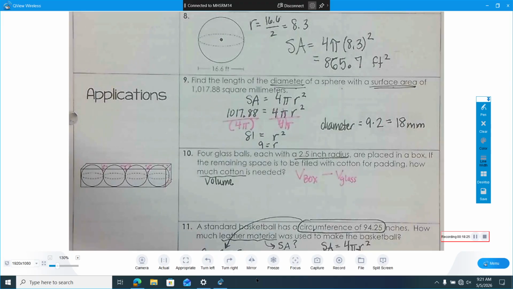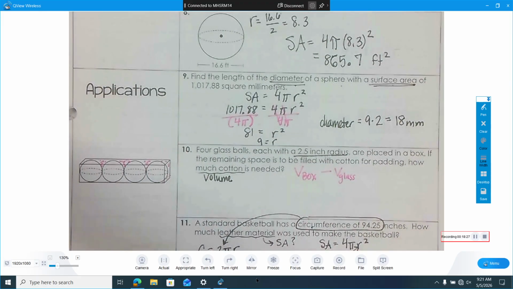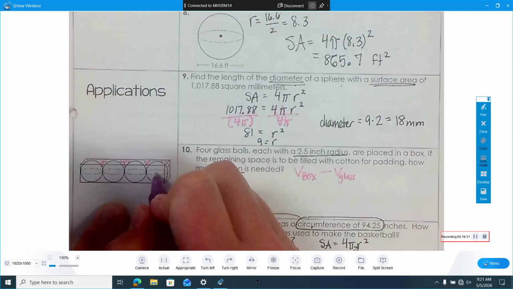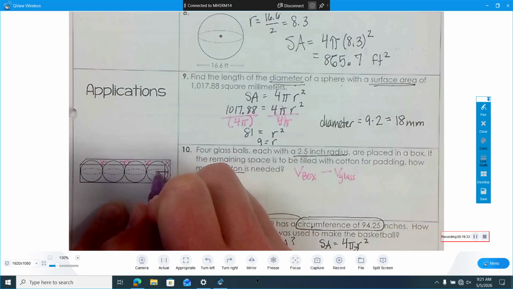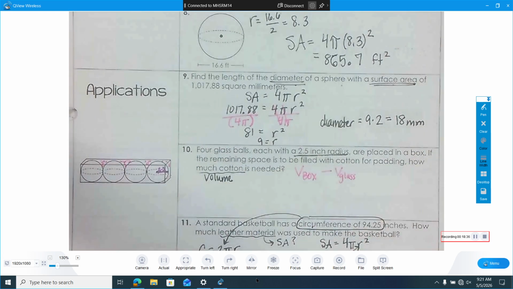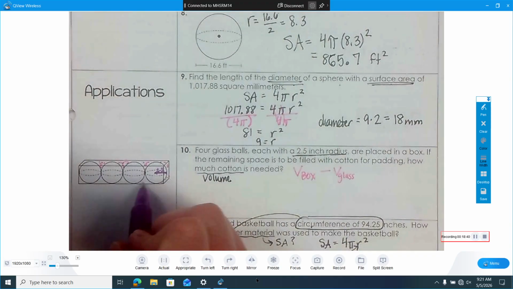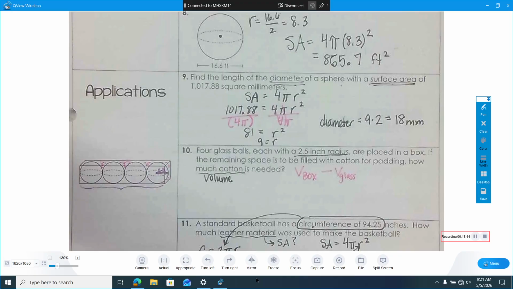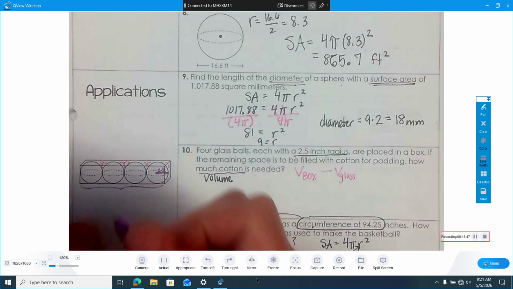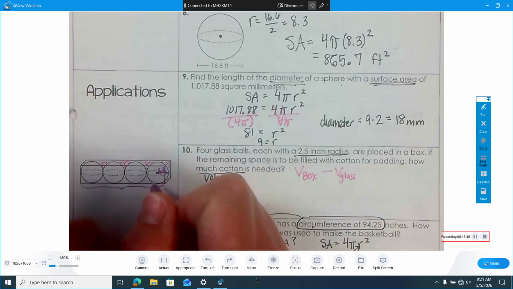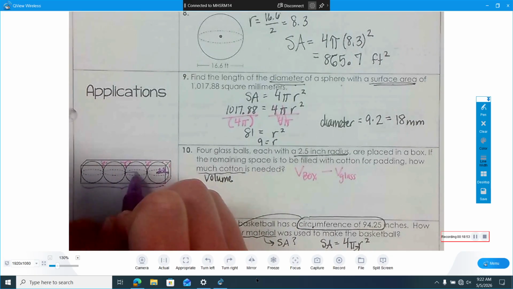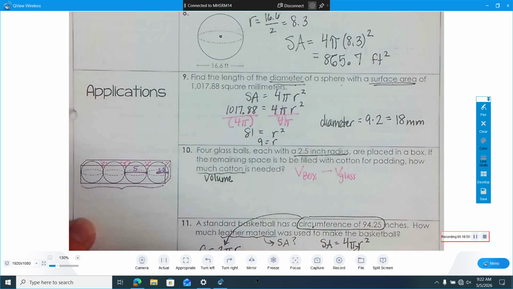And so we need to figure out a few things. So first of all, they told us that we have a 2.5-inch radius. So right from here to here is 2.5. So how long would this whole thing be then? How'd you get 20? Yeah, so if the radius is 2.5, then the whole diameter would be 5.